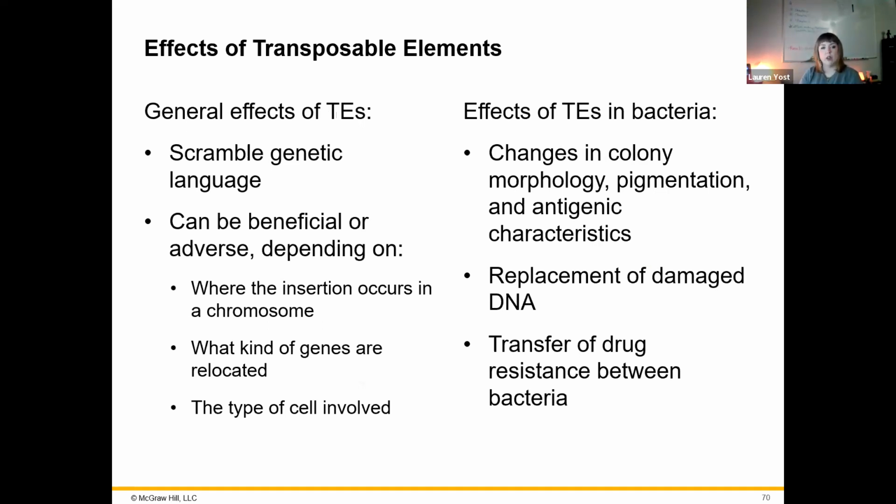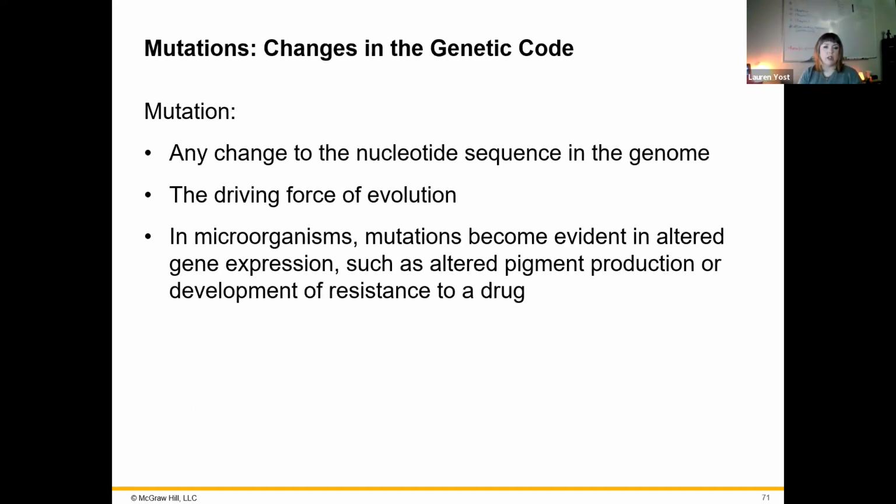It can be useful, but it could also be harmful. Of course, it can cause weird mutations, weird splicing of the DNA, changes in morphology, often in pigment, like what we see in multicolored corn. Transfer of drug resistance between bacteria is also a possibility as a result of transposons. So those jumping genes.